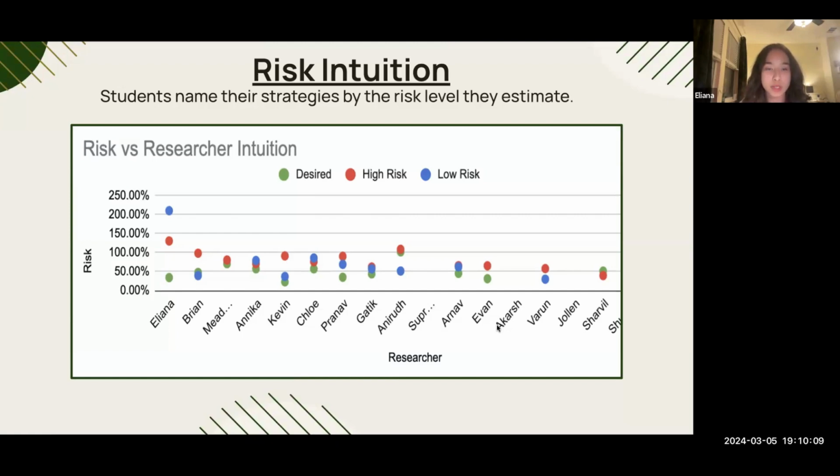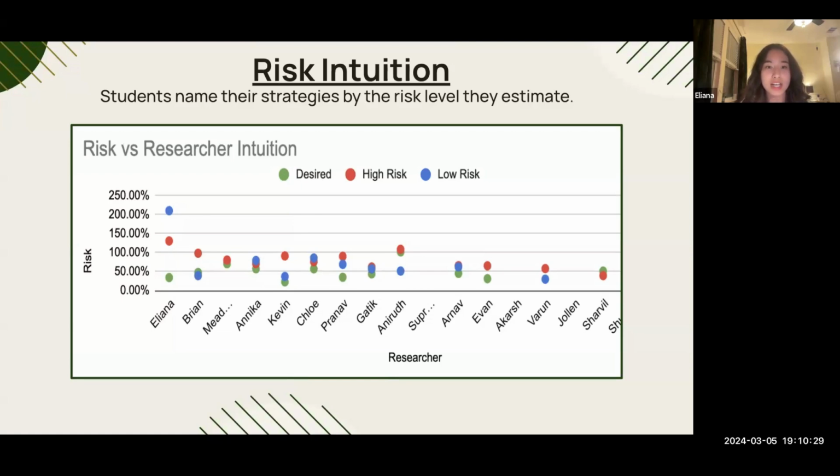We had desired risk, which is characterized by a moderate risk with a high potential for return. And finally, we had high-risk investments, which are typically characterized by a greater level of potential volatility and uncertainty, but with a higher likelihood of experiencing significant fluctuations in value.